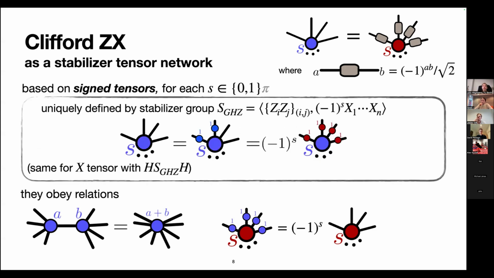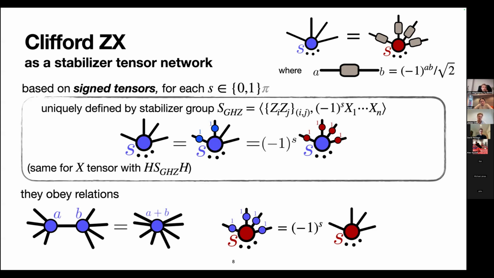So for example, the blue spider has these emerging symmetries: for each pair of legs, I can use the first relation on the left to first move one into the tensor, then the other one, and then mod 2 makes it 0. So the first equality is clear, and the last equality is just a dual of the one I show on the right-hand side.